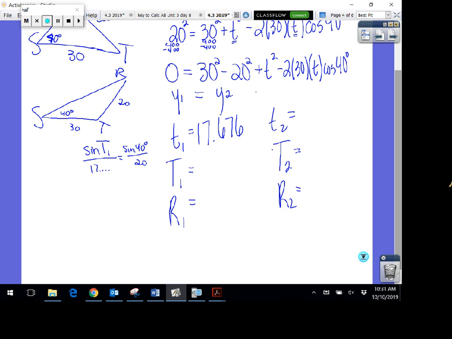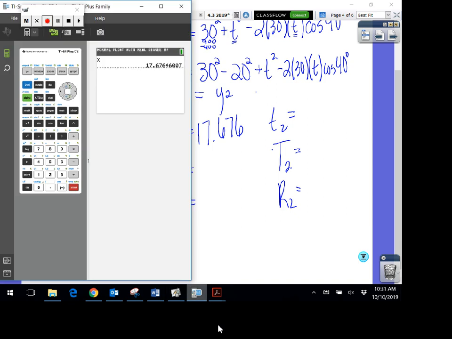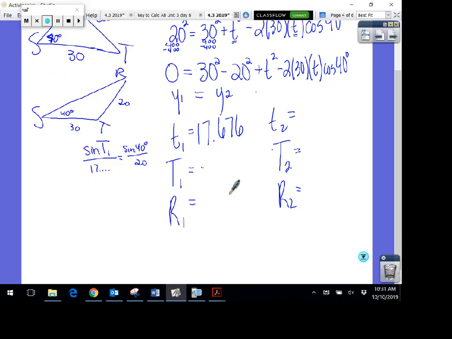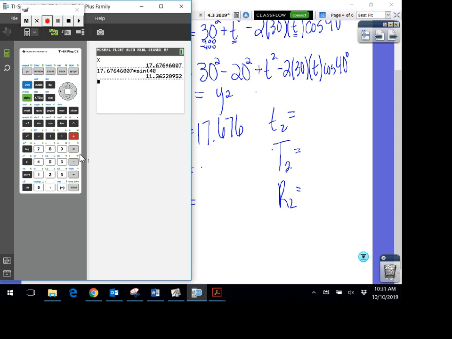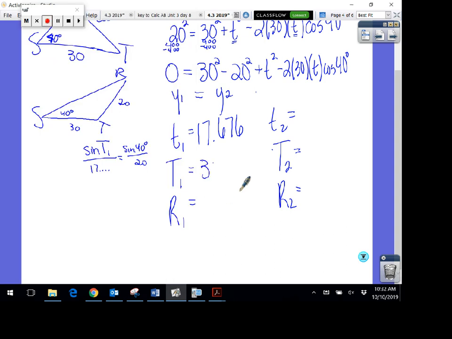All right, so when we do this right here, what are we doing? Sine of 17 times sine of 40. So that 17 number times sine of 40. And then we are dividing by 20. Divided by 20. And then we are taking the inverse sine of that value, which gives us our t, 34.619 degrees.